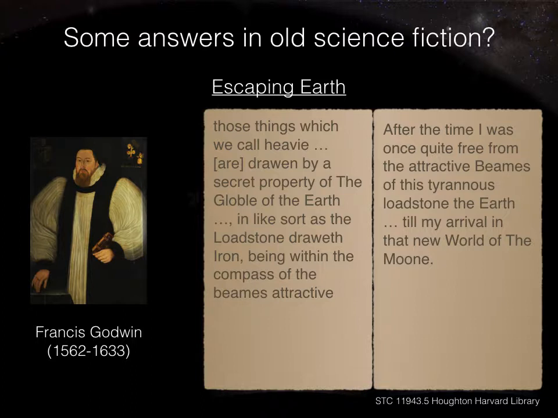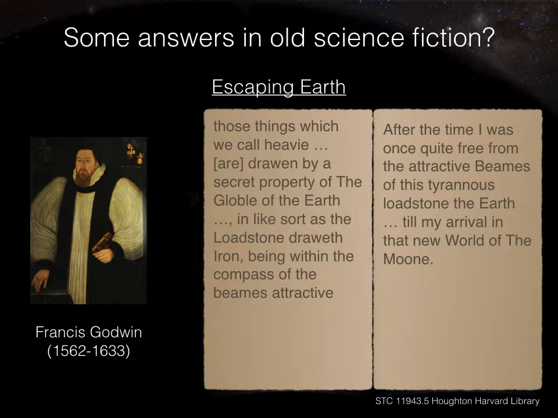So here that would be provided we are within the reach of the attraction of the Earth. This is further emphasized on the right page, where he says basically that after the time I was once quite free from the attractive beams of the tyrannous lodestone of the Earth, till my arrival in that new world of the moon.